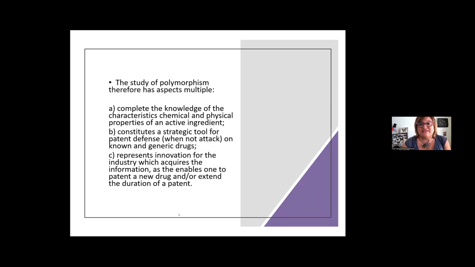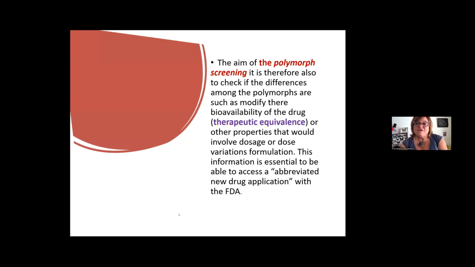And can it go to the market? Yes, because it's different. Does it have a different therapeutic effect? Yes, it can. So it's important to screen polymorphic forms, because different polymorphs have different therapeutic equivalence. What does therapeutic equivalence mean?